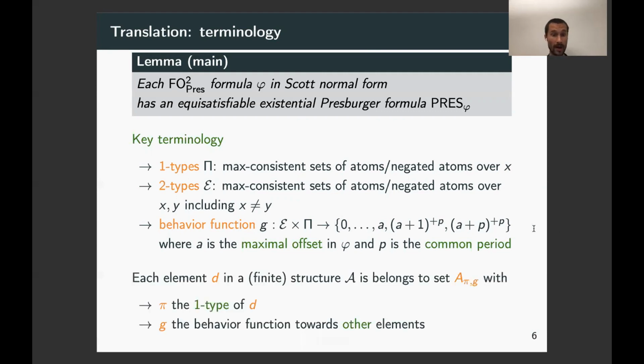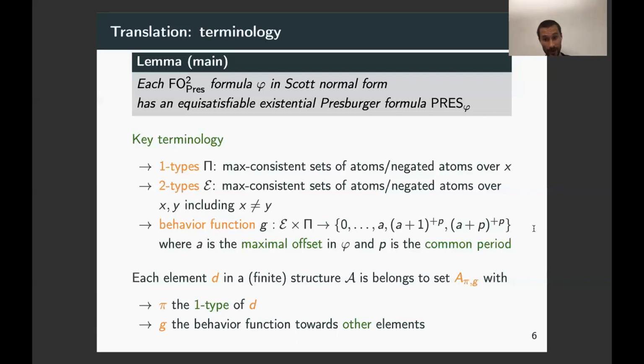Okay, so why do we consider these behavior functions? Basically, the intuition is that each element in each finite structure belongs to a specific set A_{pi,G} for a 1-type pi and a behavior function G. So given an element d, we take its 1-type, it is pi, and we take its behavior function, which basically describes how this particular d relates to all other elements in our structure.